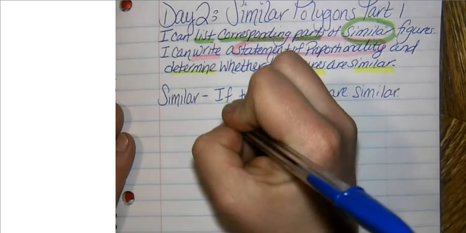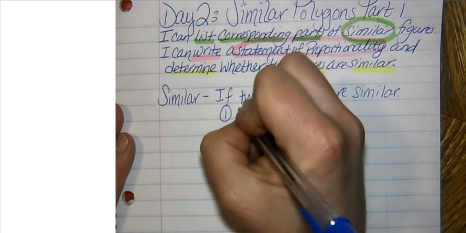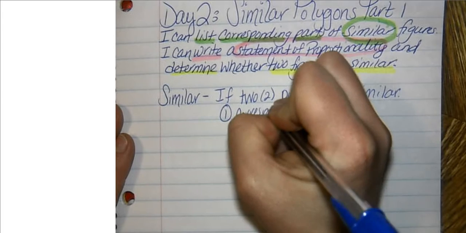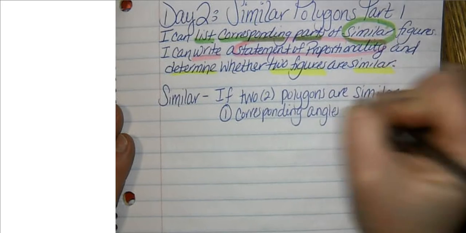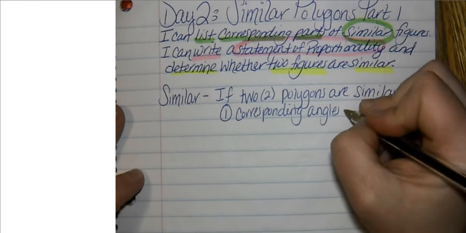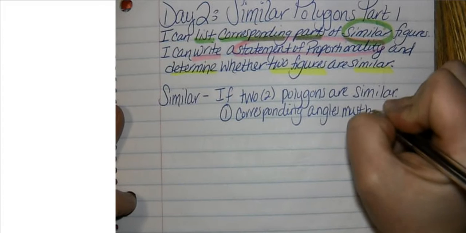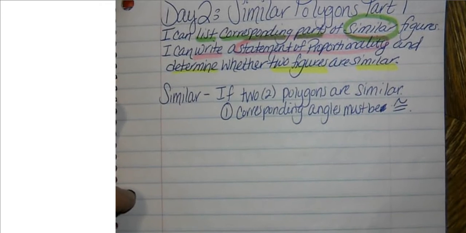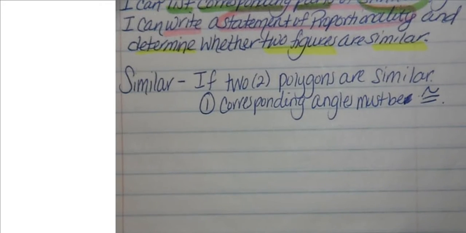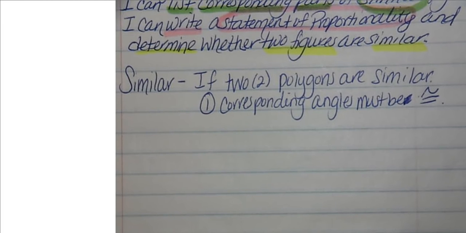Number 1, the corresponding angles of the figure must be congruent. So the corresponding angles must be congruent. So there's going to be similar figures. We'll have angles that match up with each other, and those angles that match need to be congruent. So all angles are not congruent, but matching angles will be congruent.